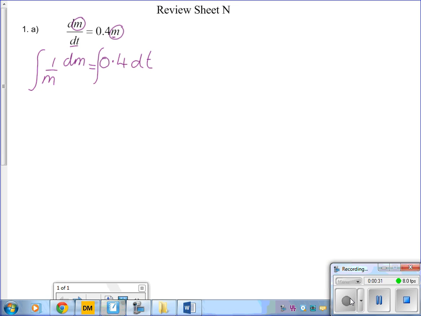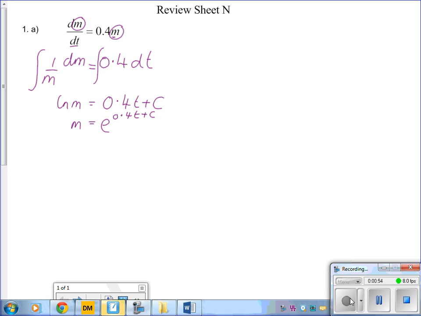So 1 over m integrates to ln m, and 0.4 integrates to 0.4t, and I remember my plus c. So to find m, I need to do e to the power of 0.4t plus c.